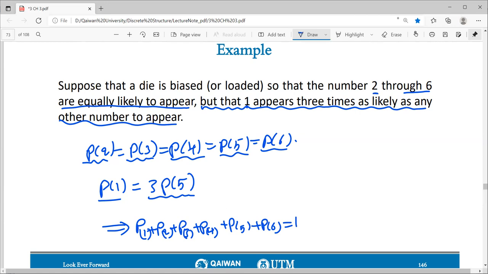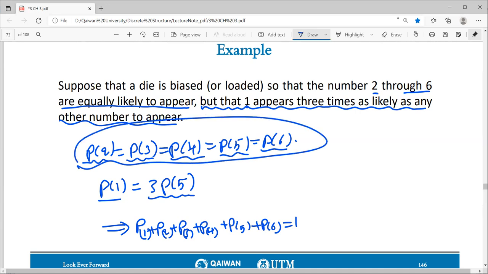And here we can replace each of the probabilities from 2 to 6 by probability of 5. And we replace probability of 1 by 3 times probability of 5. Here these all are equal. That means probability of 6 is probability of 5, probability of 2 is probability of 5, and 3 and 4 are the same.